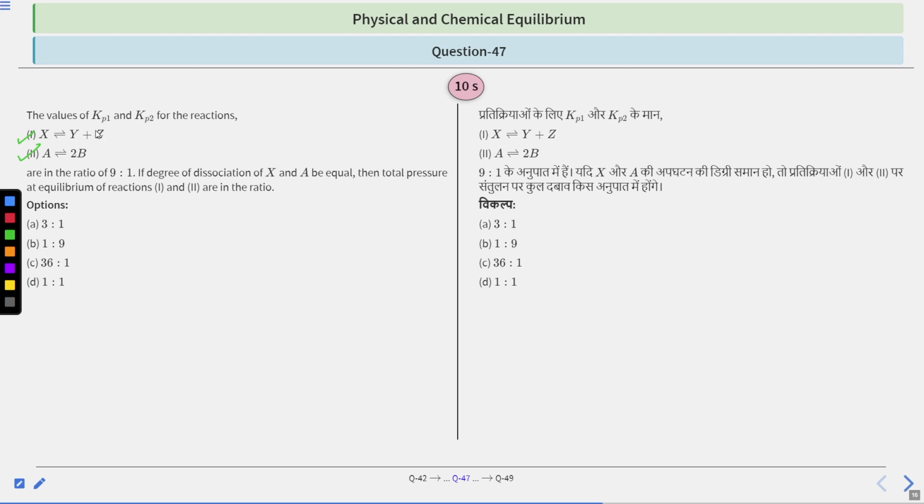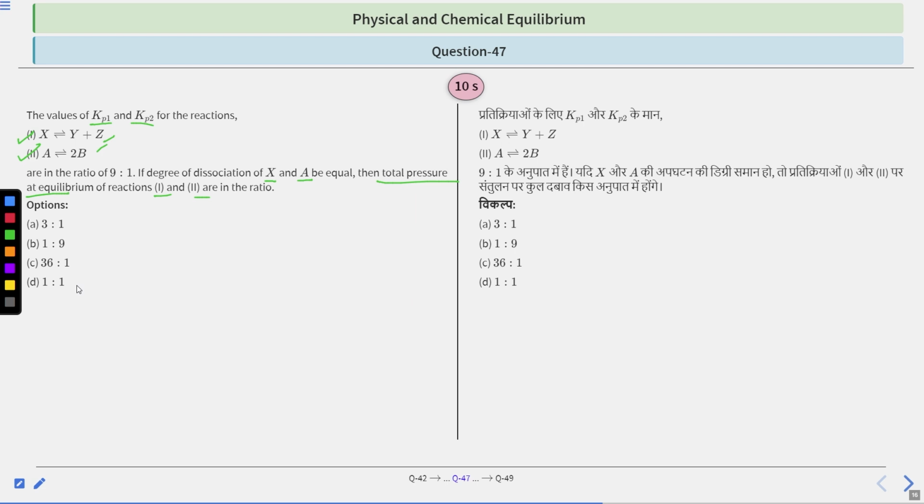If the degree of dissociation of X and A are equal, then the total pressures at equilibrium of the first and second reactions are in the ratio. So we have to find the total pressure ratio at equilibrium. Options are 3:1, 1:9, 36:1, or 1:1.